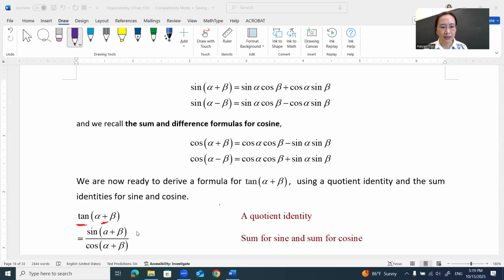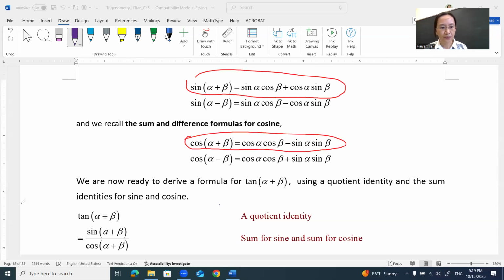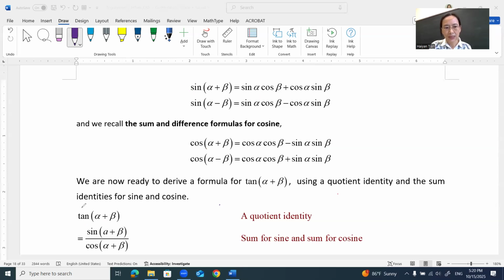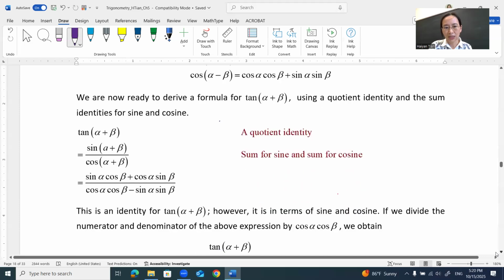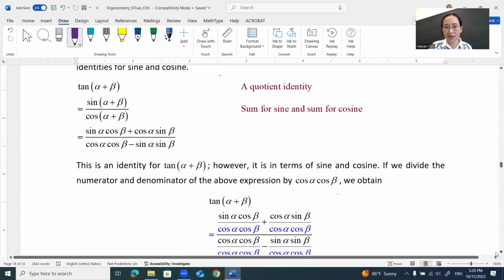Okay, let's go ahead and substitute. The numerator is sine of the sum, and then you substitute, and the denominator is cosine of the sum, then you substitute.